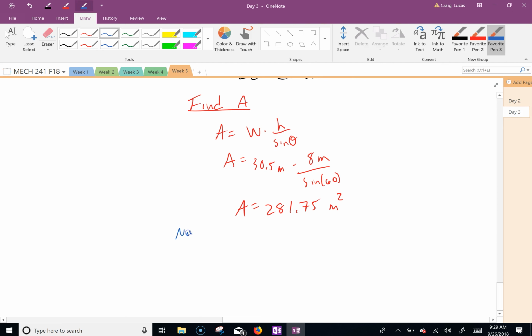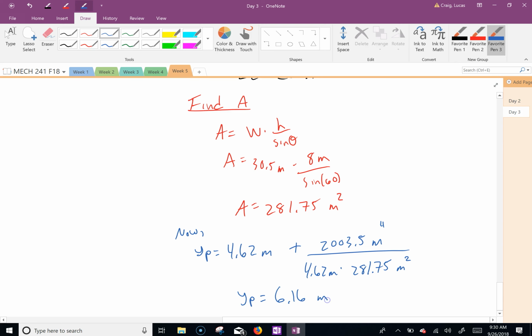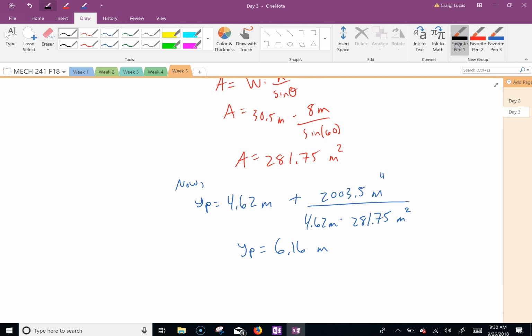Now we can find YP, right? 4.62 meters plus 2003.5 meters to the fourth divided by 4.62 meters times 281.75 meters squared. Get YP to be 6.16 meters. And then finally, HP is 6.16 meters times sine of theta. Oops, sine of 60.